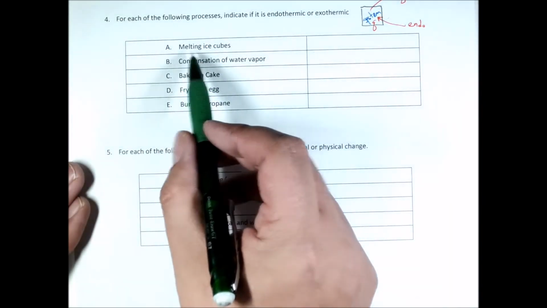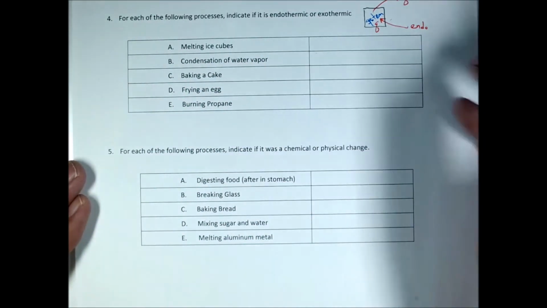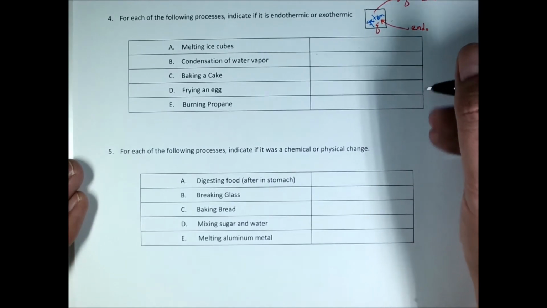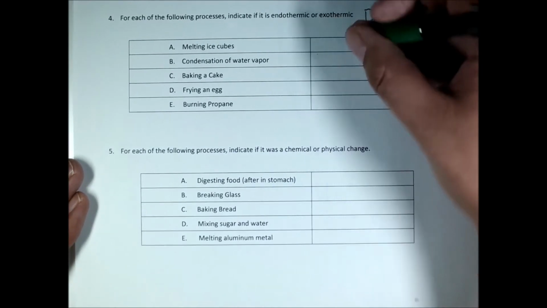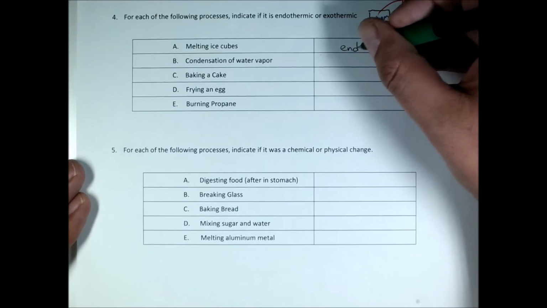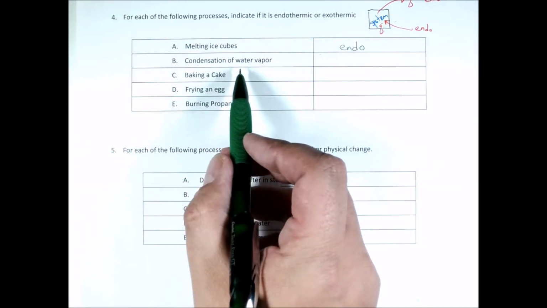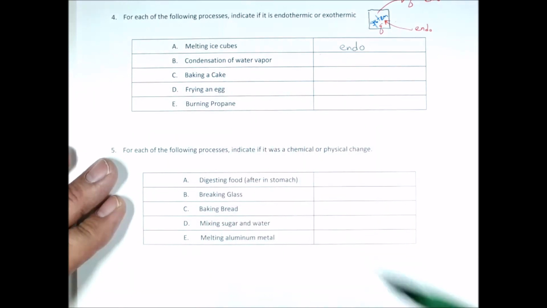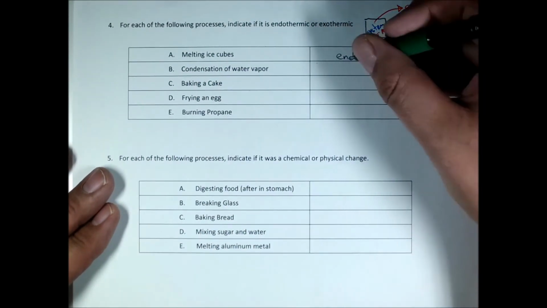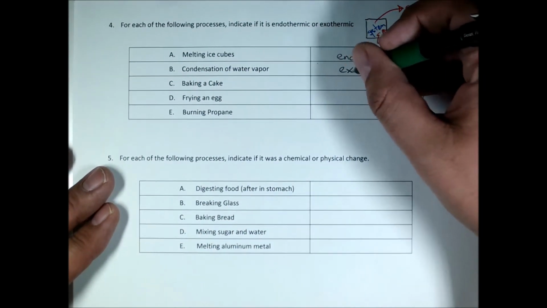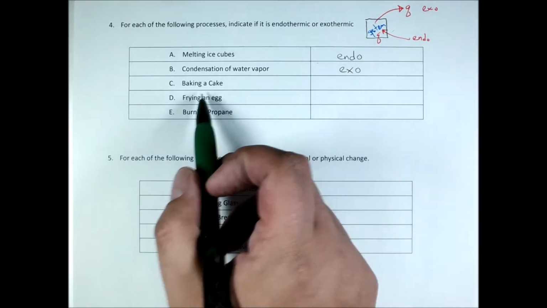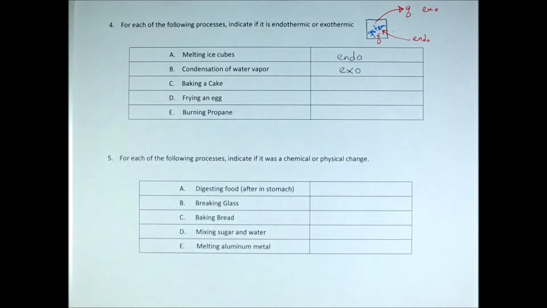All right, so for melting ice cubes, which one is that, exo or endo? Endothermic. And I will just abbreviate these as endo or exo. All right, condensation of water vapor, that's exo. Baking a cake, endo.